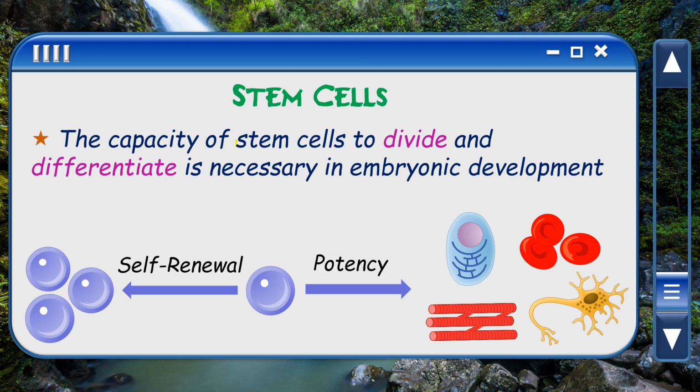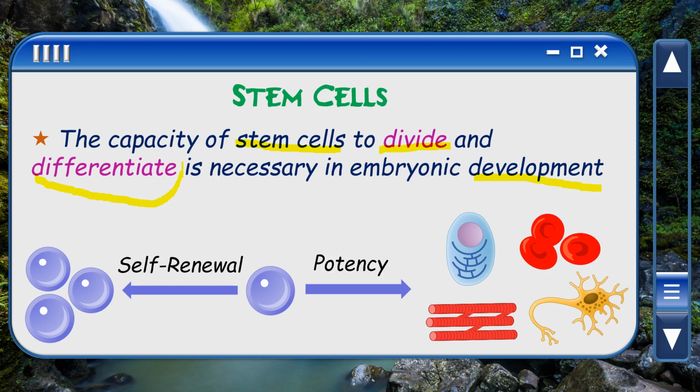And that cell, we are now referring to as a stem cell, which means that these cells should be able to divide and become very many stem cells. And then also, they should be able to differentiate if the embryo is going to develop.